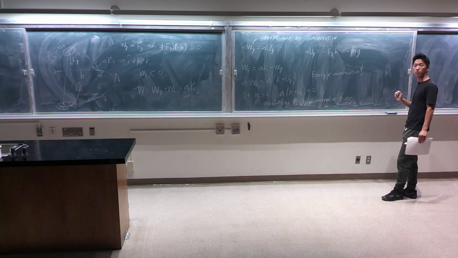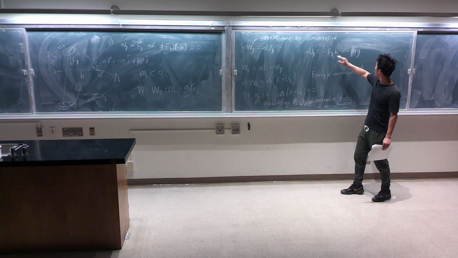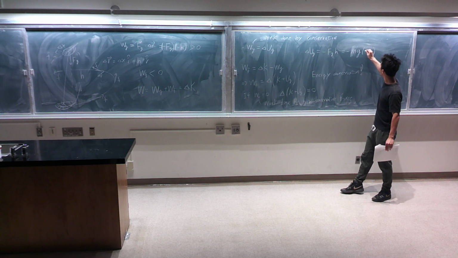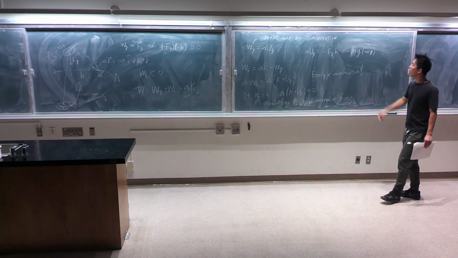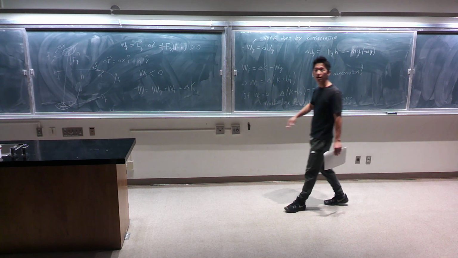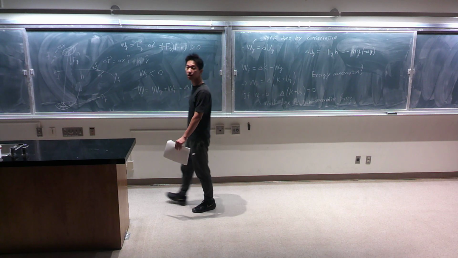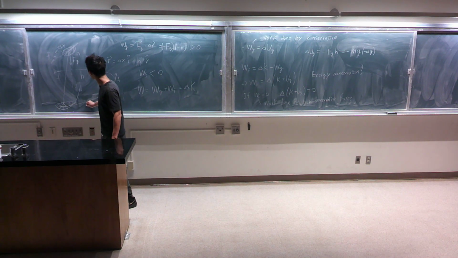Gravity is just mg. H will be minus the height difference. Now this delta y means the height difference, not the difference between initial and final state. Delta y is going up.